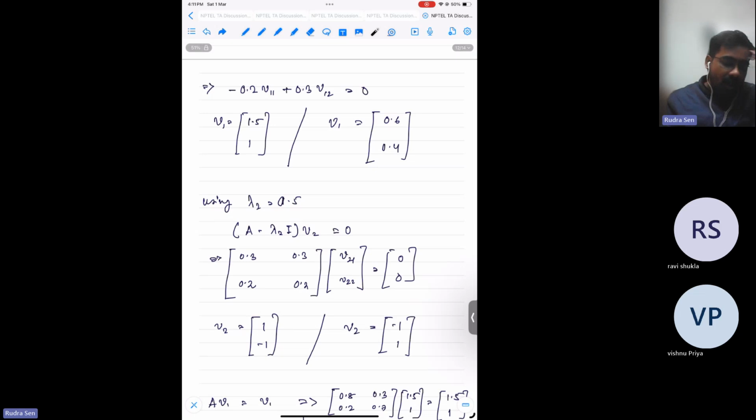Now, if the algebraic multiplicity equals the geometric multiplicity, then we can say that we can diagonalize those matrices. But for the similar eigenvalue case, for a 2 by 2 matrix, we get two eigenvalues, lambda 1 and lambda 2, but both are the same, let's say equal to 1.